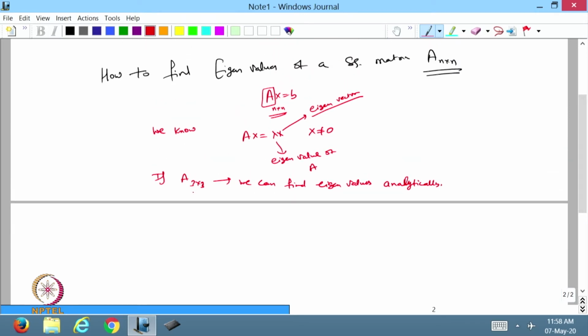Maybe for 4 cross 4 it is quite difficult. And for 5 cross 5 and so on, I can say that it is very hard, or even impossible.